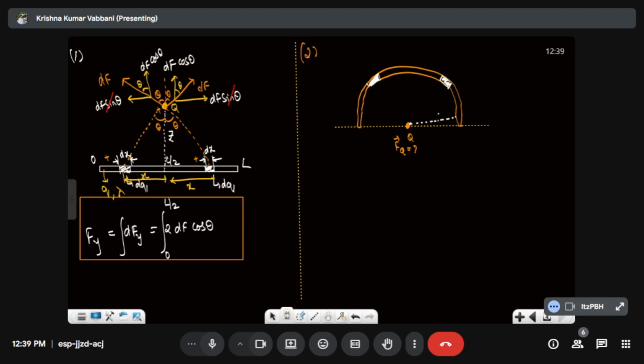This is R, elementary charge. Now see what this is. This is dx, and this is also dx. And this is dq, this is also dq. Is this clear?